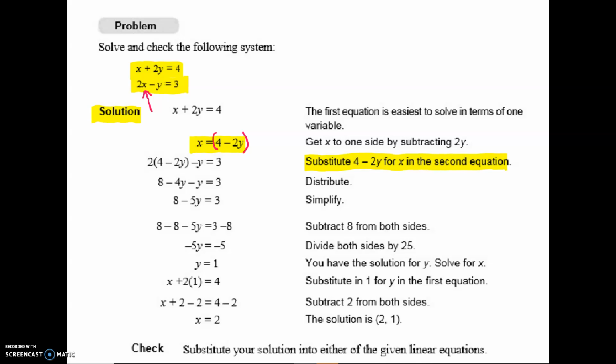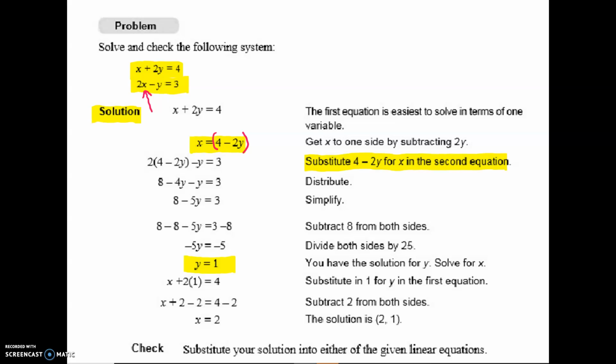We took this and replaced the x, so we have an equation that now only has y as a variable, and then we can solve for y at that point. So we would use the distributive property and we would simplify until we have y by itself. In this case, we get y is 1.